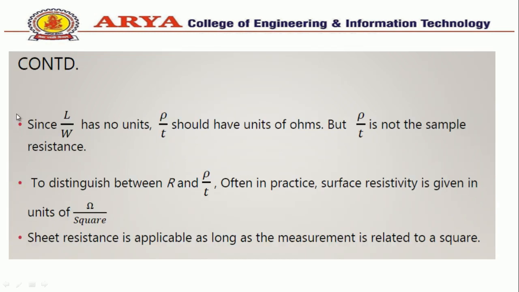L upon W has no unit and rho upon T has unit of ohms, but rho upon T is not the sample resistance. To distinguish between R and rho upon T, it is often practice to give sheet resistance in units of ohm per square. So sheet resistance is applicable as long as the measurement is related to a square.